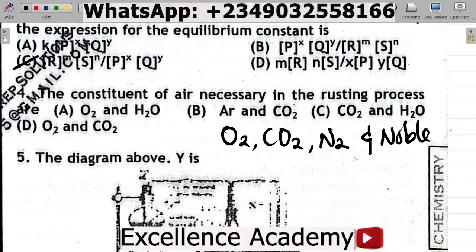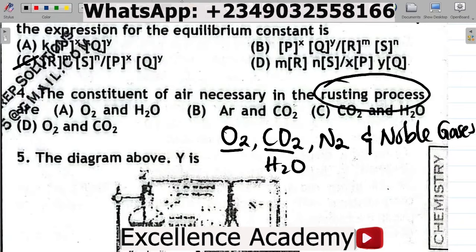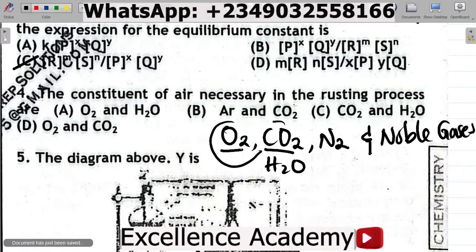Now when it comes to the roasting process to take place, the presence of oxygen, the presence of water, that's H2O, and the presence of carbon dioxide, which is CO2, are important. I need carbon dioxide, CO2, I need oxygen, O2, I also need water.